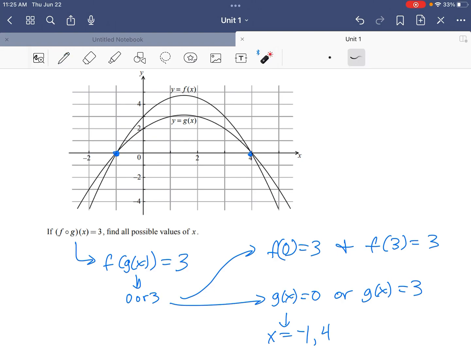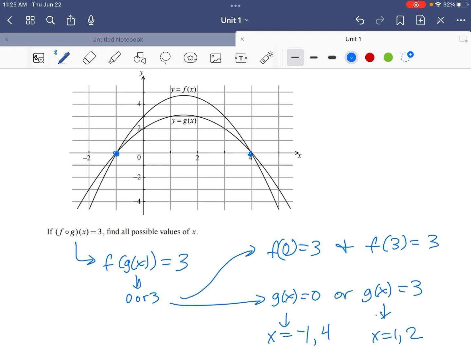And for g of x to be 3, so here's g of x again. For that to equal 3, let's see, 3 is right up here, right there, and right there. Yep, so right here and right here is when it's touching 3. So that happens at 1 and at 2. So this happens when x equals 1 or 2.